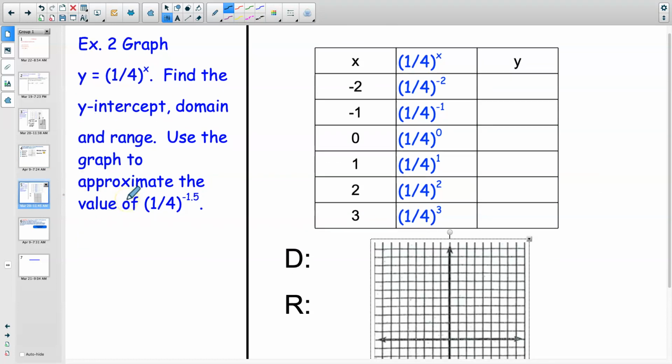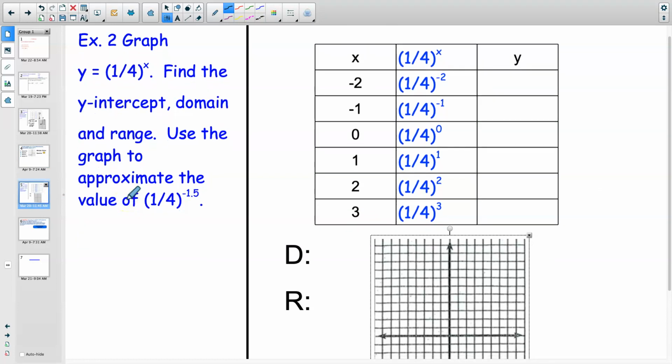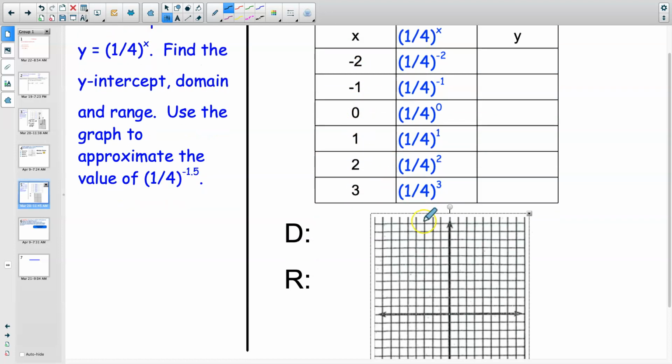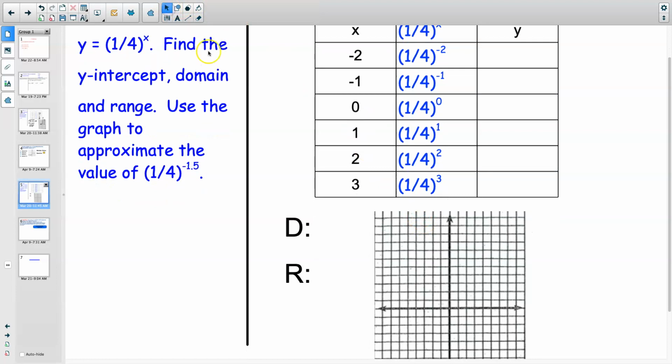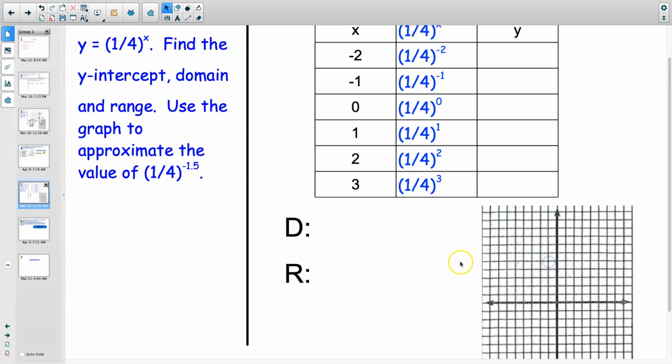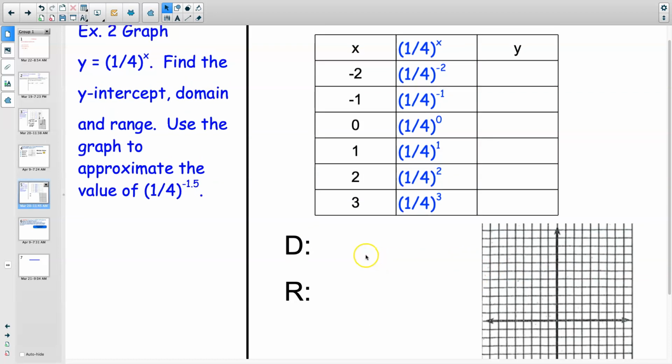So you have y equals 1/4 raised to the x. So again, I just put in arbitrary x values. You can put in technically whatever you'd like, and then find the domain and range again, as well as the y-intercept. Okay, so here we go.